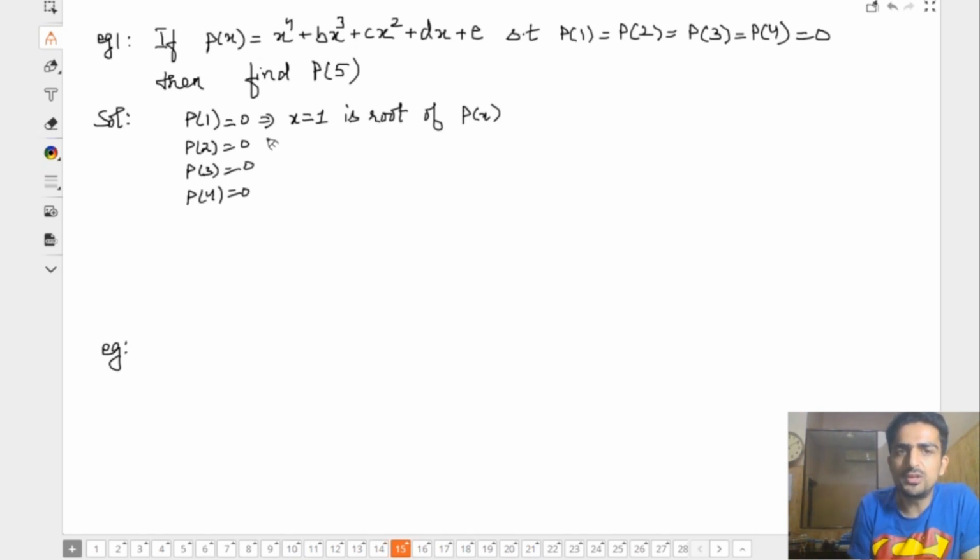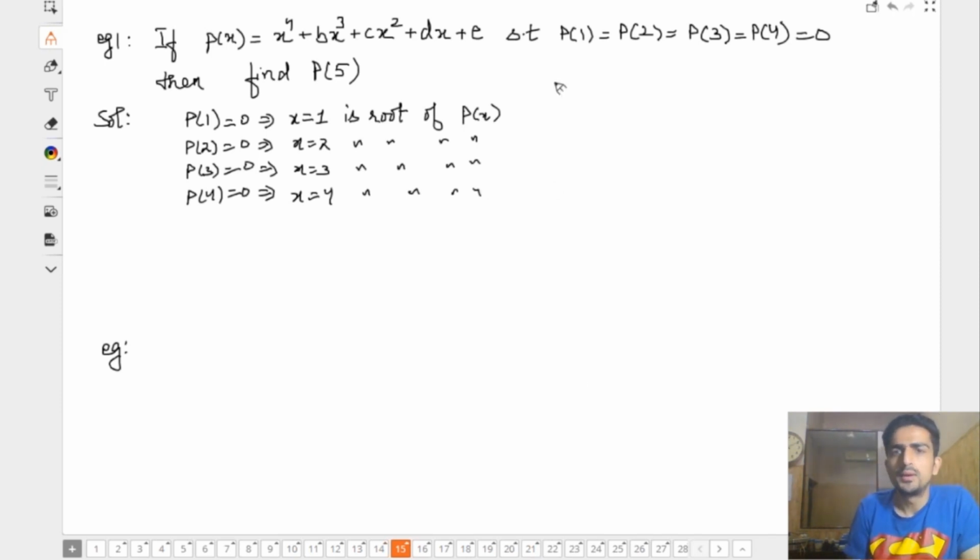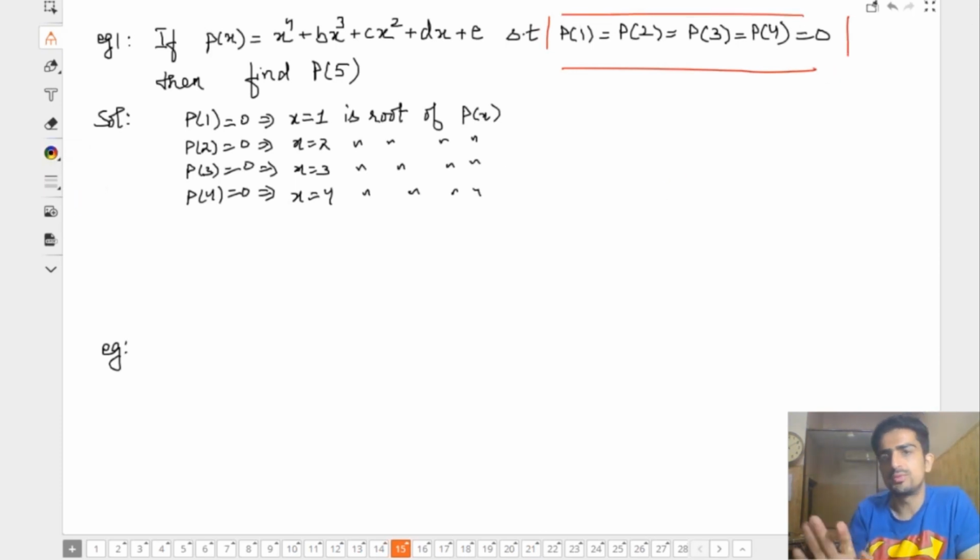All these values are given to be 0. This implies x equal to 2 is root of P of x. This implies x equal to 3 is root of P of x. And this implies x equal to 4 is root of P of x. Simple, nothing. Primarily, he has given you 4 roots of P of x.